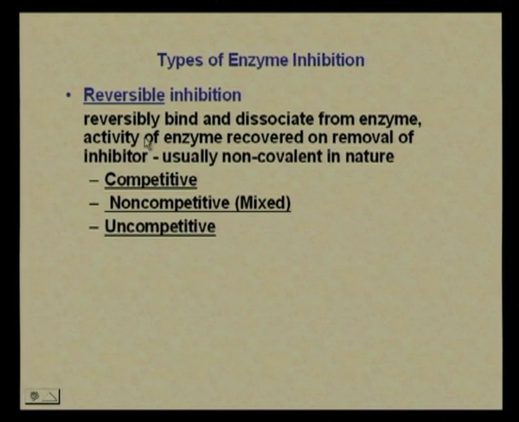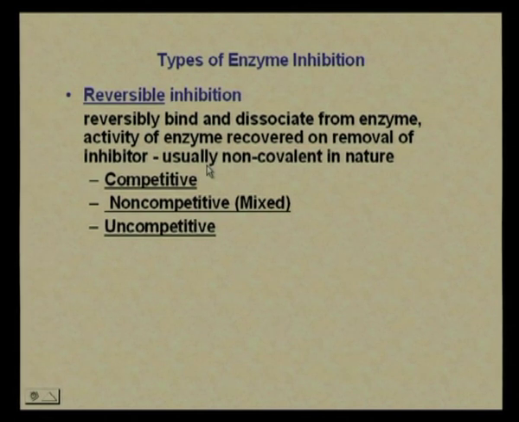And usually, in most cases, the activity of the enzyme is recovered on removal of the inhibitor. And the association, as we studied in the previous class, is usually non-covalent in nature.